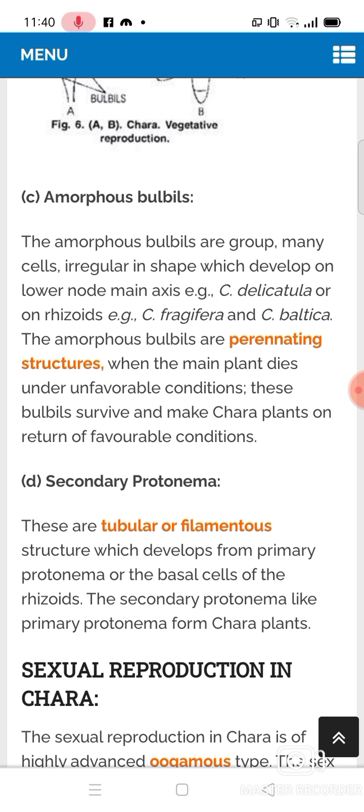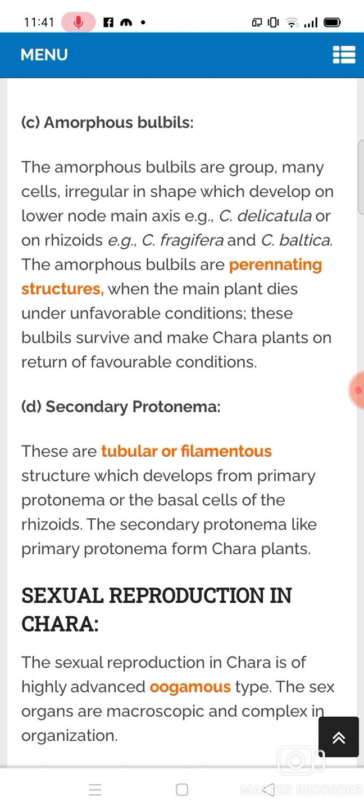During such conditions, certain perennating structures are developed in plants or algae. These structures make the algae able to survive during unfavorable environmental conditions. So amorphous bulbils allow Chara to survive during unfavorable environmental conditions.